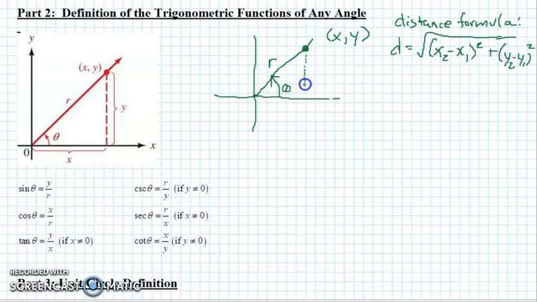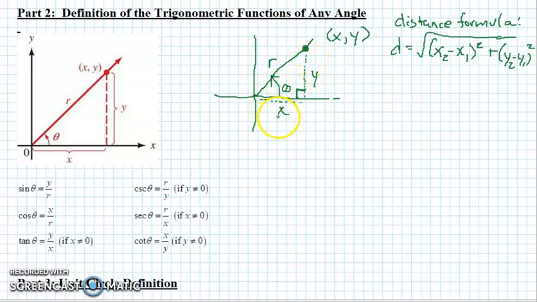Say you drop a line straight down. Then this vertical distance right here is your y-coordinate, and this horizontal distance right here is your x-coordinate. I know I've just redrawn the picture that's over here, but now you could think about this. This is going to be a right angle right here, because this is vertical and this is horizontal.